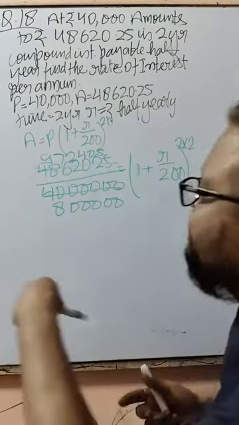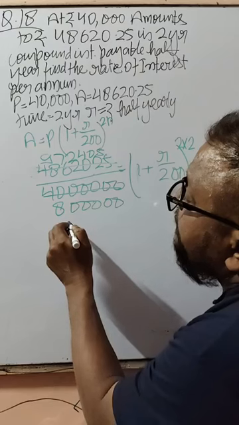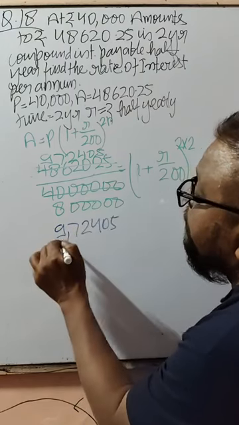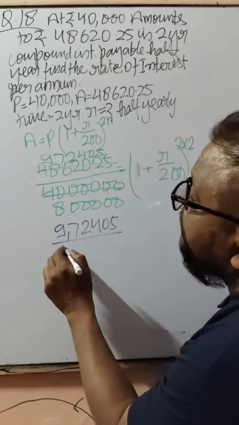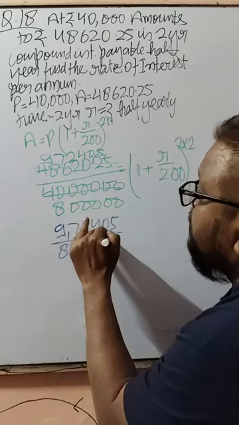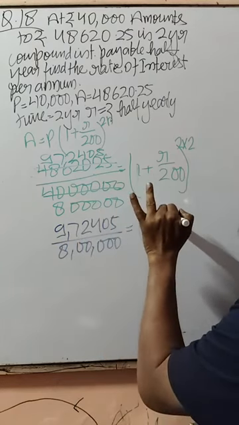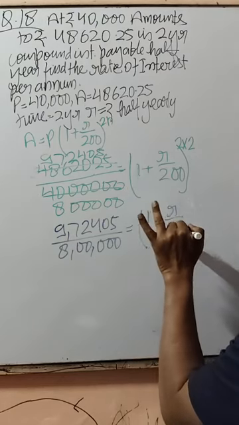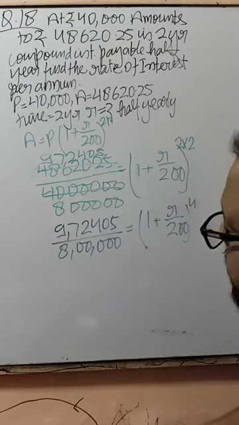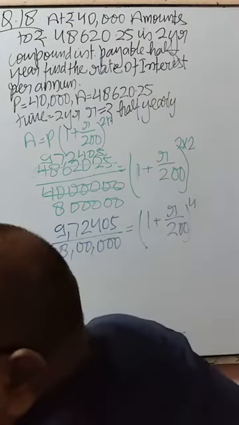Now 9,72,405 divided by 8 lakh is equal to 1 plus R upon 200 raised to the power 4, right? Again we divide by 5, then how much do you get?